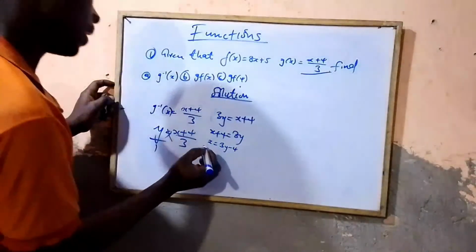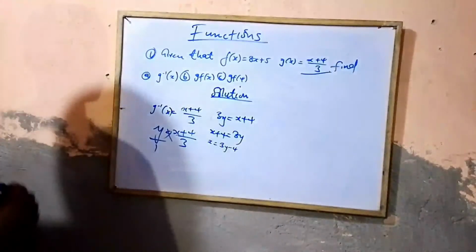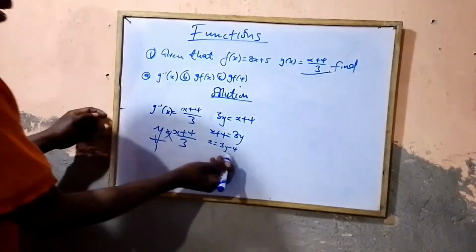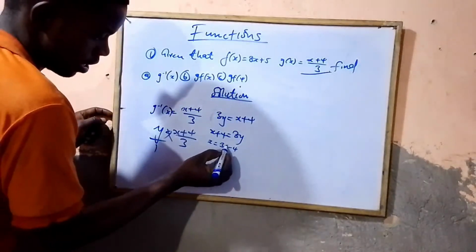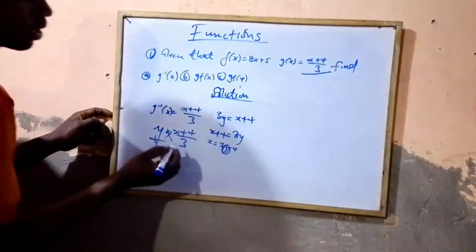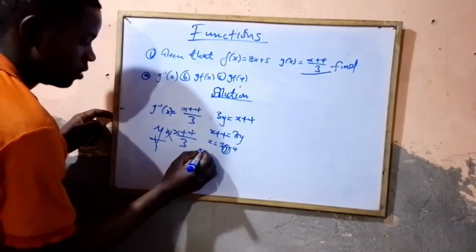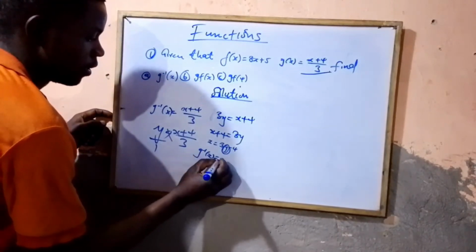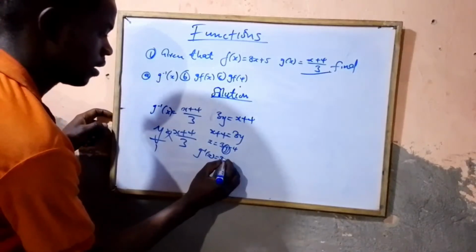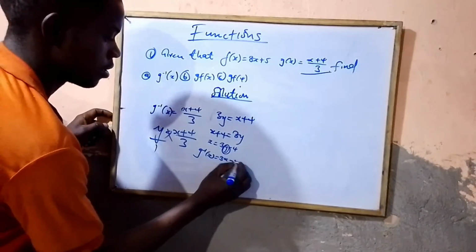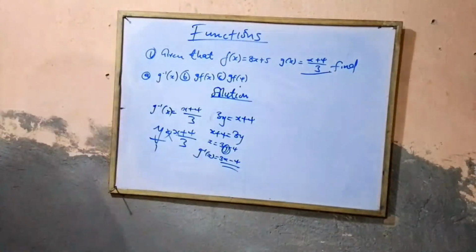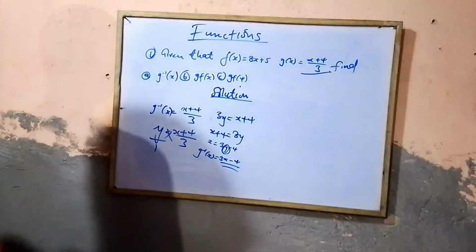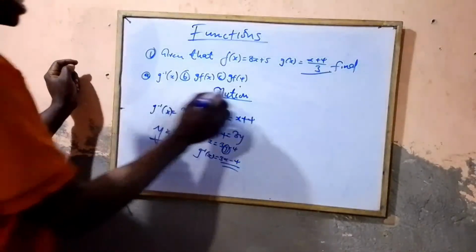Then this is the answer to g inverse, so you must bring back the letter x here by saying g inverse of x is equal to 3x minus 4. So this is the answer for g inverse for this function which we have. Okay, so now let's go to b.